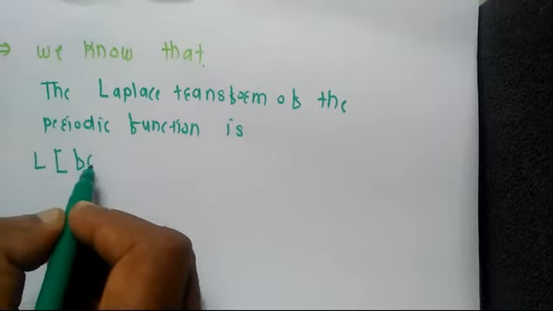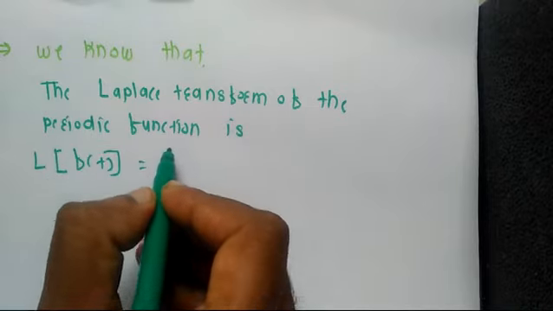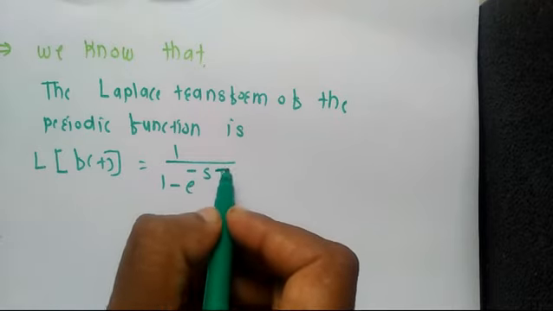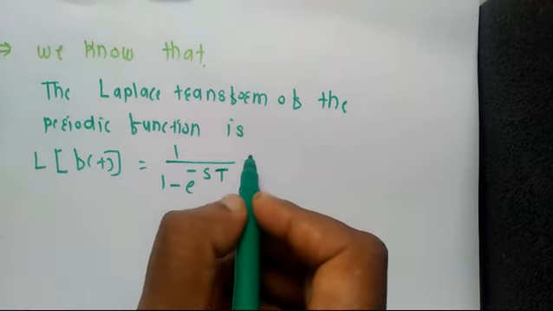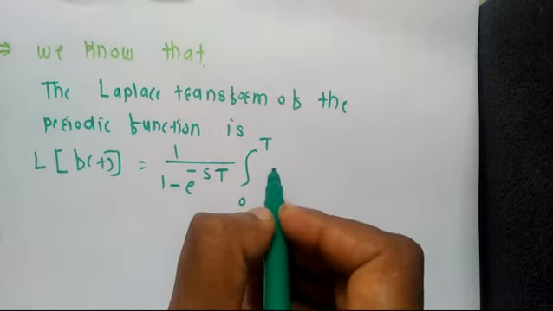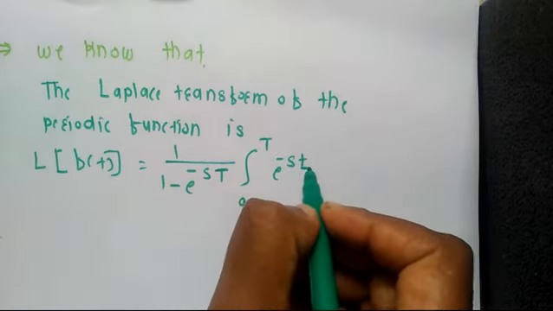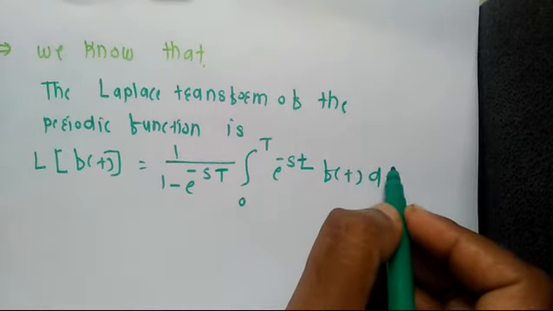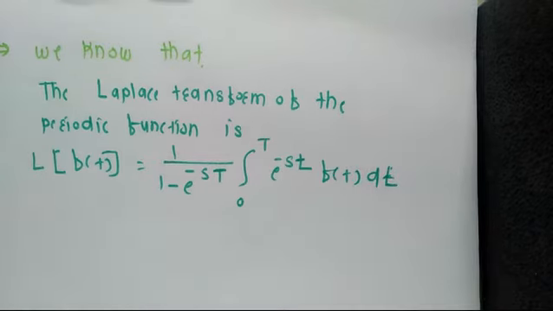Laplace transform of f of t is equal to 1 upon 1 minus e to the power minus s into capital T, integral from 0 to T of e to the power minus st f of t dt.